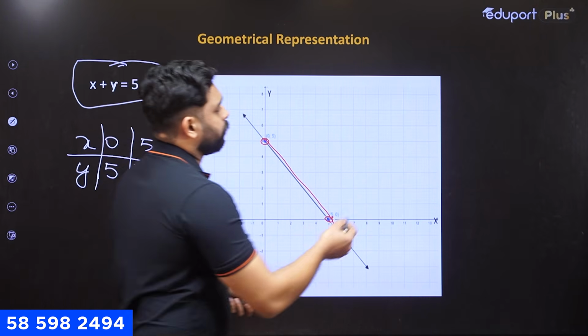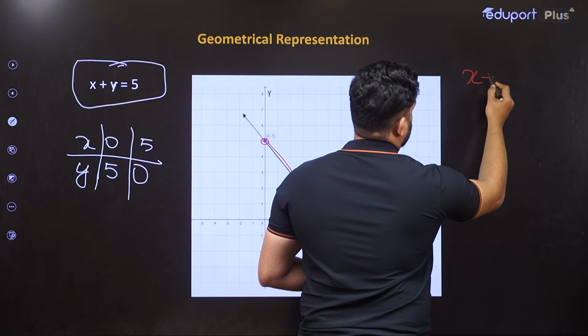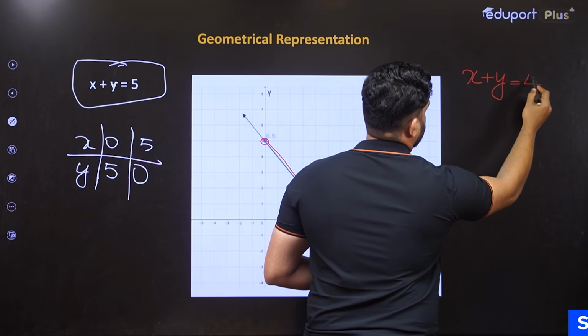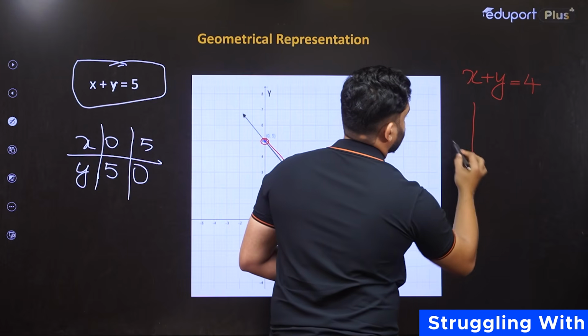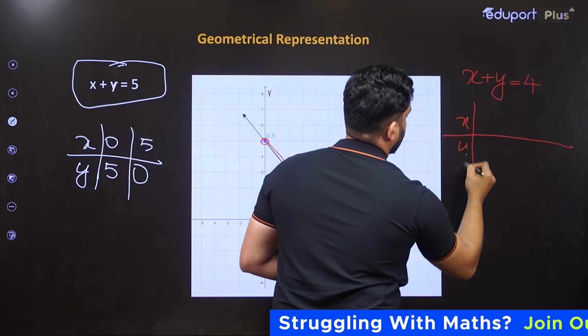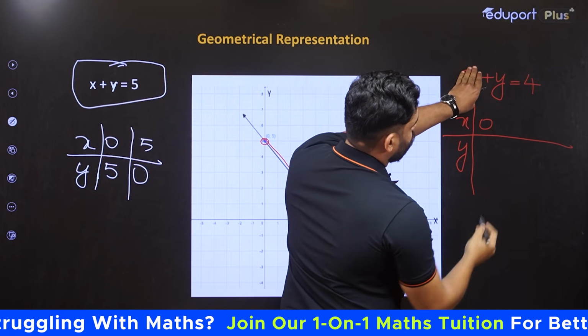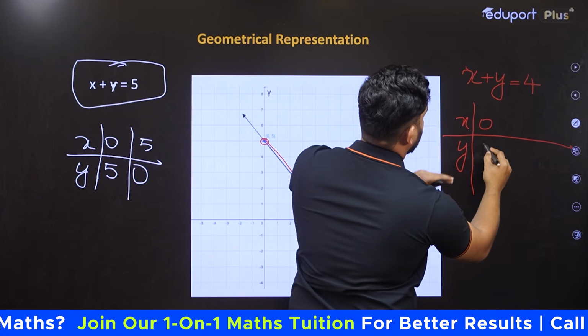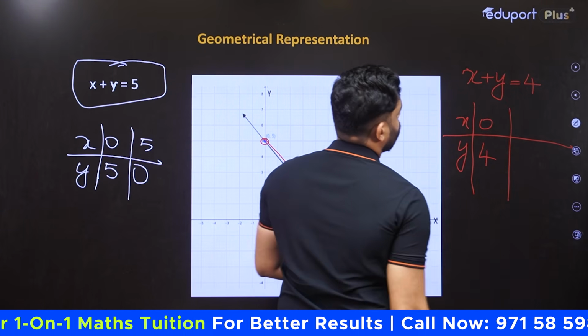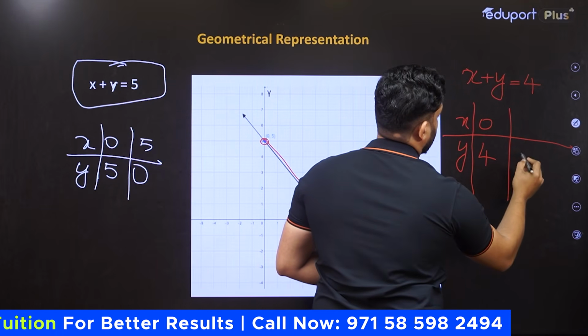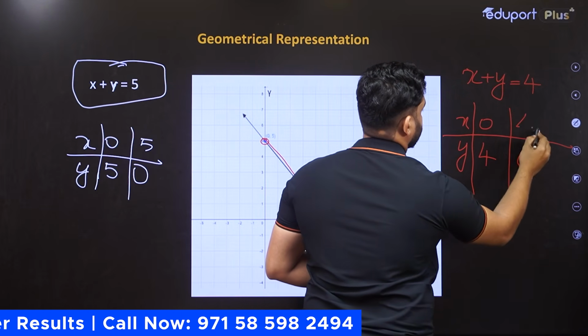So how will you draw the figure for x plus y is equal to 4? Just plot the points x, y. Put 0 for x, so y will be 4. Now put 0 for y, so you will get x as 4.